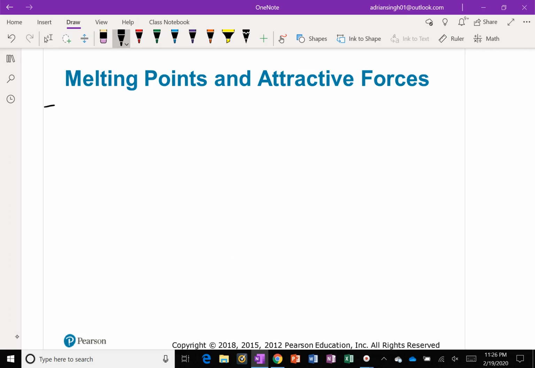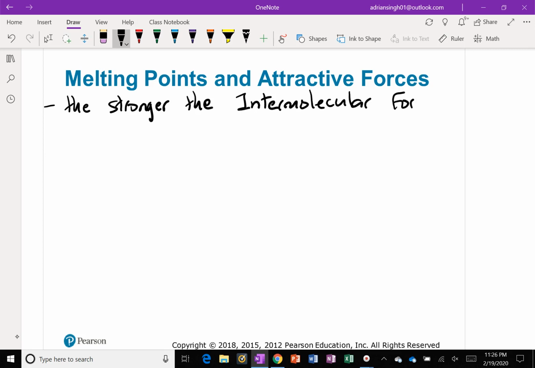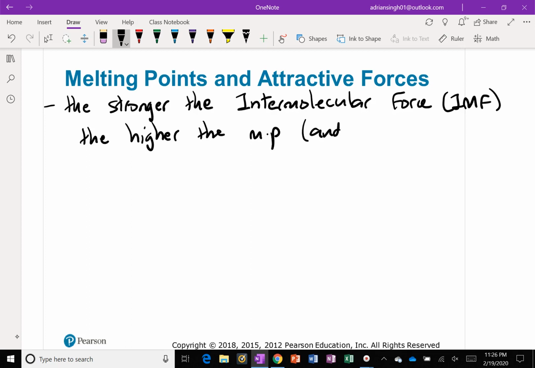So generally we can say the stronger the intermolecular force, or IMF, the higher the melting point, I'll abbreviate melting point as MP, and boiling point is going to be.